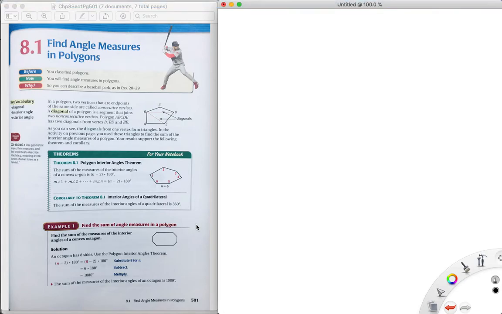Alright, this is Honors Geo Chapter 8, Section 1. Finding polygon angle measures in a polygon. So, let's suppose we have a triangle. A quadrilateral.